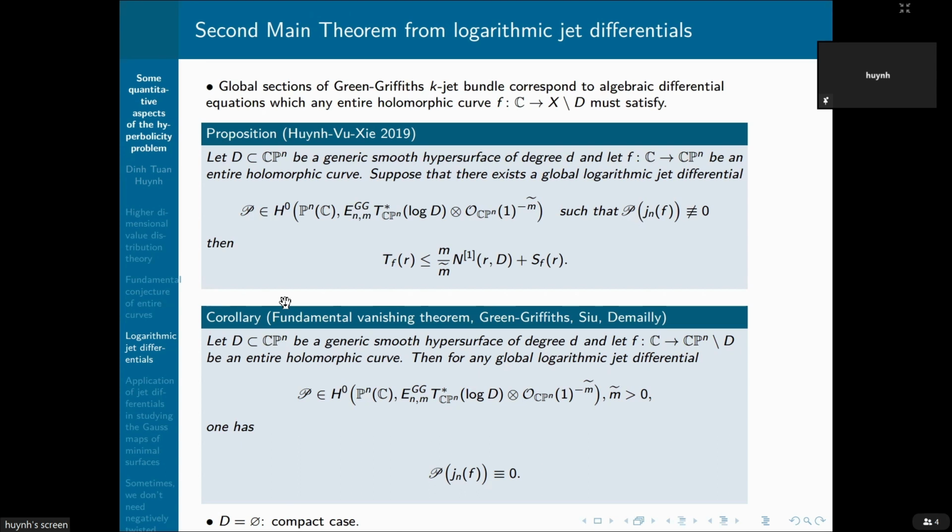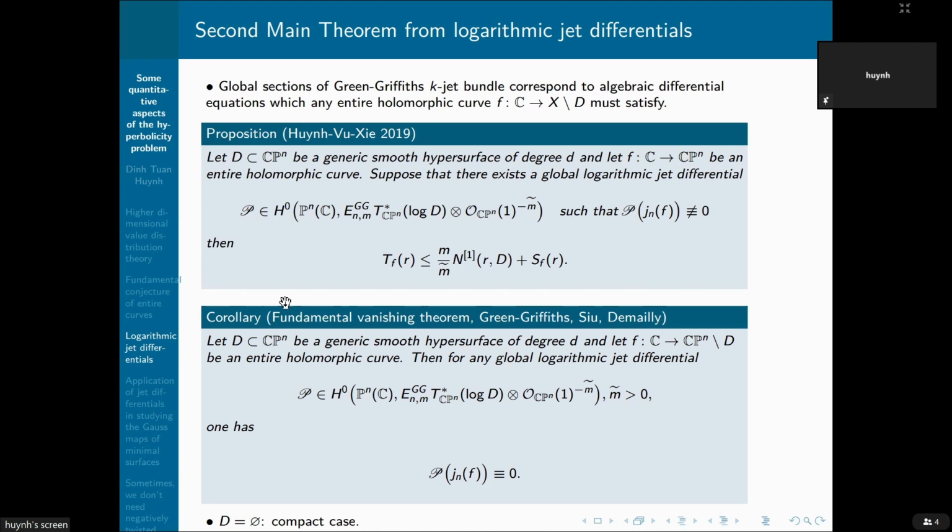So if you have a smooth hypersurface D of degree d in CP^n and an entire function f from C to CP^n, this kind of result can be generalized to a large class of projective varieties without difficulty. Suppose that you have a global logarithmic jet differential P with weighted degree m and vanishing order to the ample line bundle O(1) at least m times theta.